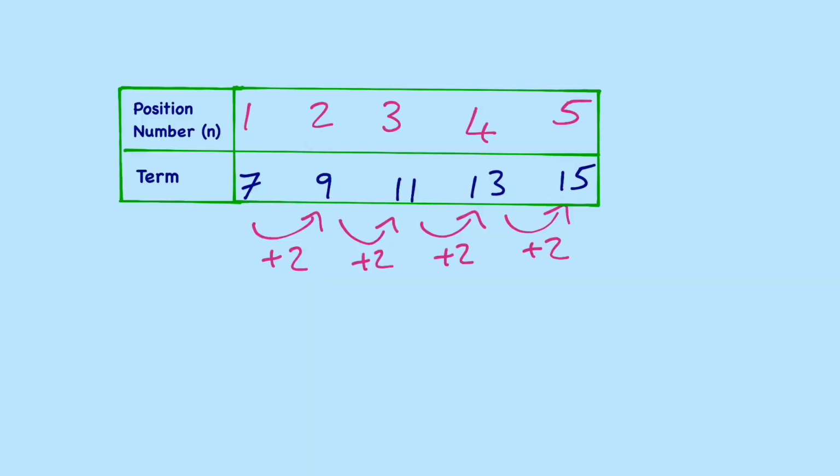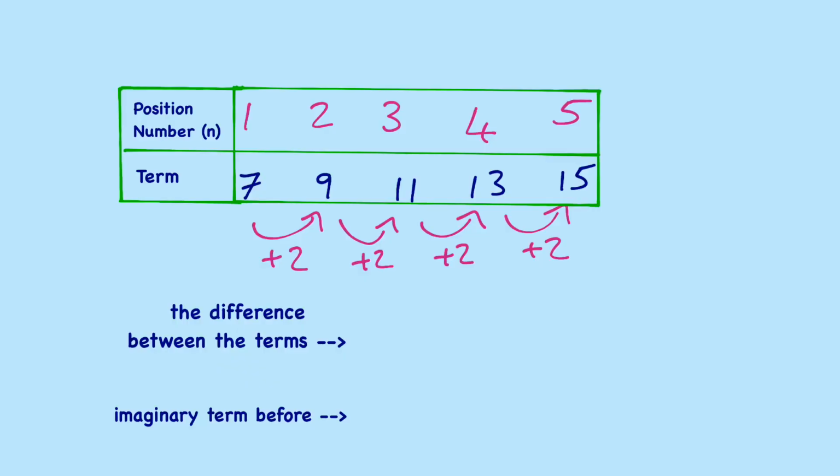Now please note that n stands for the position number. That is where it is in the sequence. Now that we have the position number for each term, we need 2 pieces of information. They are the difference between the terms, which we've already found out is +2, and then the imaginary term before.